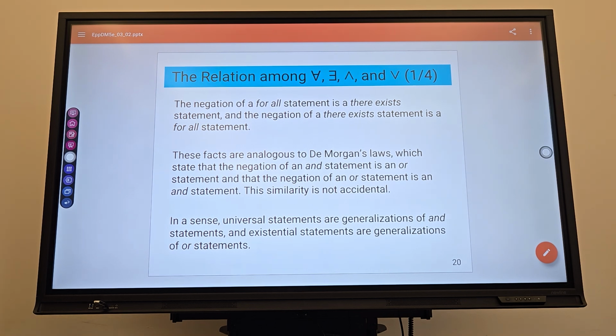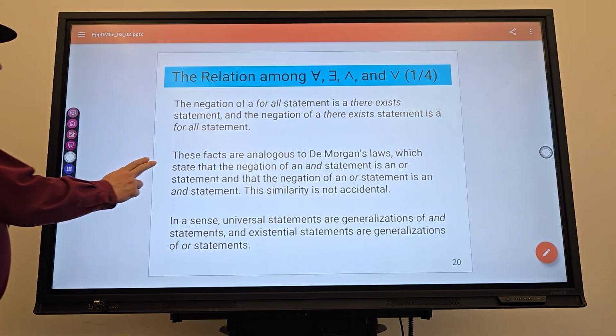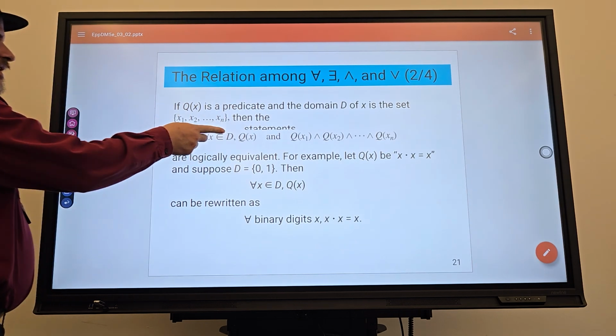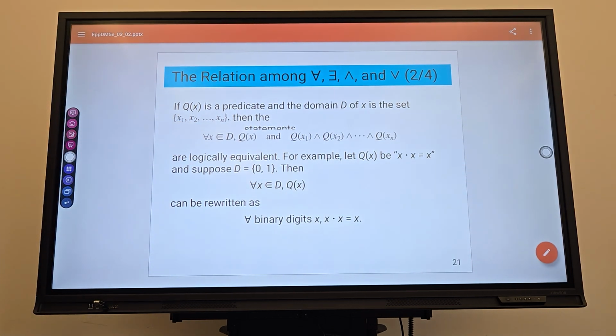These are analogous to De Morgan's laws. In a sense, universal statements are generalizations of and statements, and existential statements are generalizations of or statements. And that could be seen in this example.